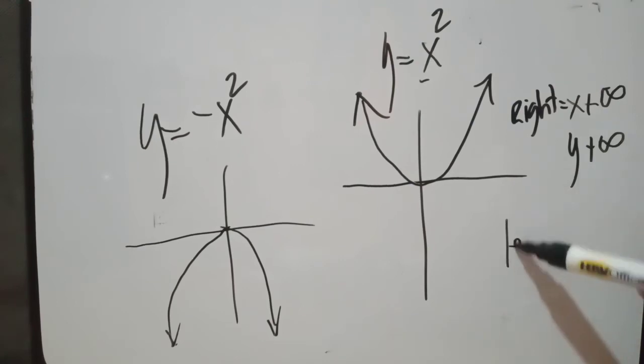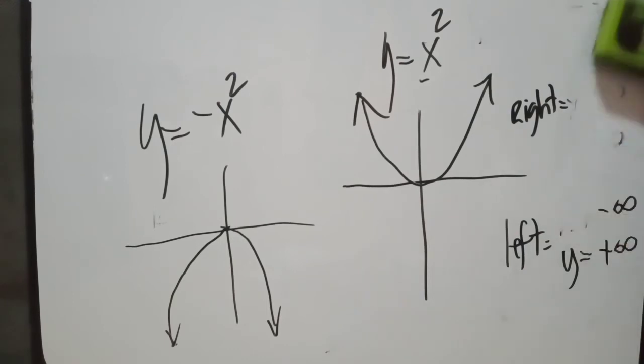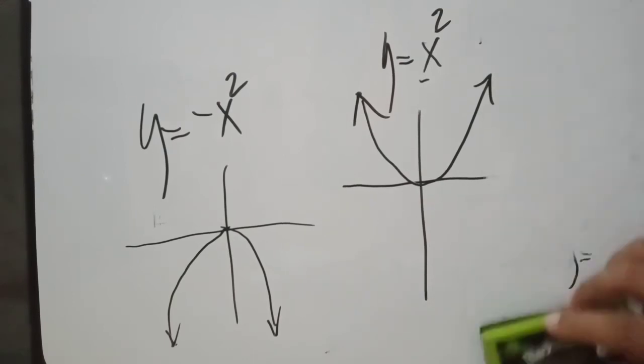For the left side, x is negative infinity, and y is positive infinity. Okay, ganun lang siya kadali. So if ever ganun yung ma-encounter ninyo, you can just easily plot it into a graph.